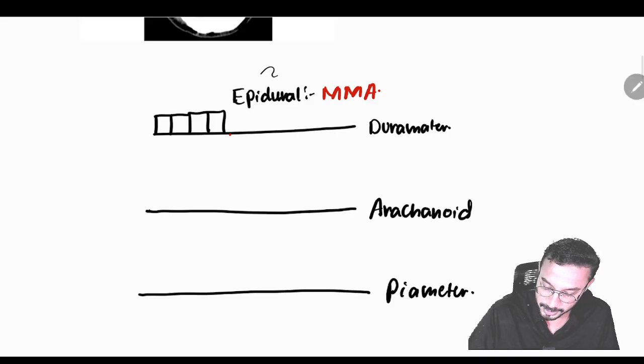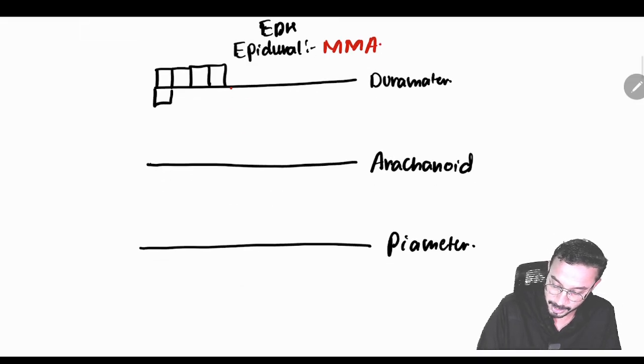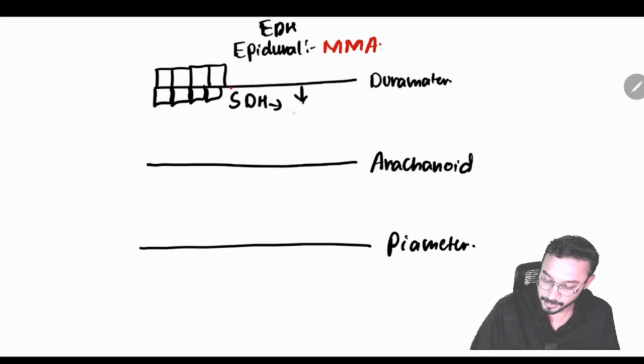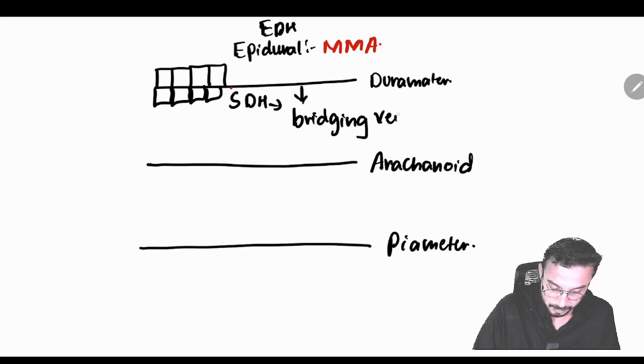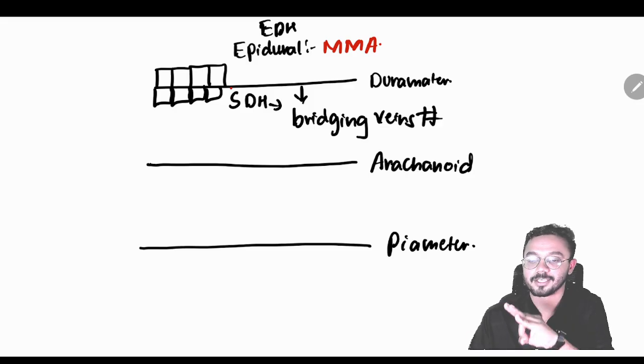Epidural hematoma is EDH. Here veins are present. Which veins? Bridging veins. If there is any damage to these bridging veins, that leads to subdural hematoma, SDH.